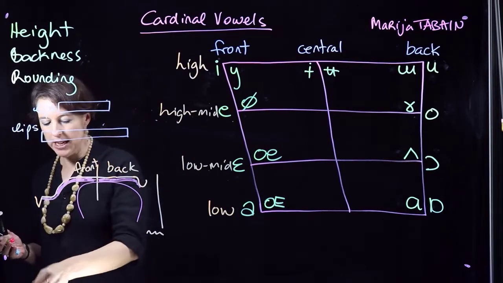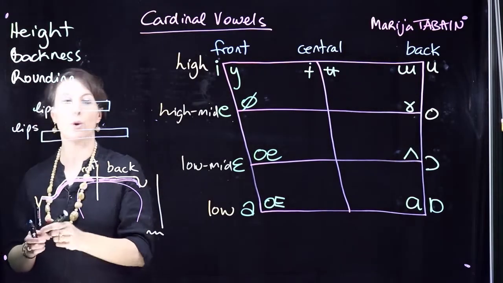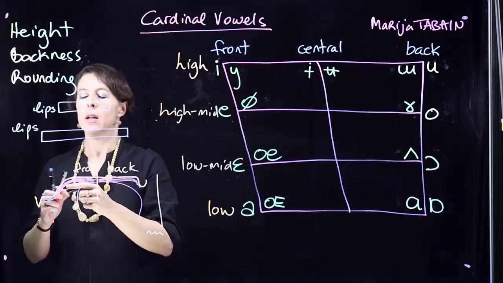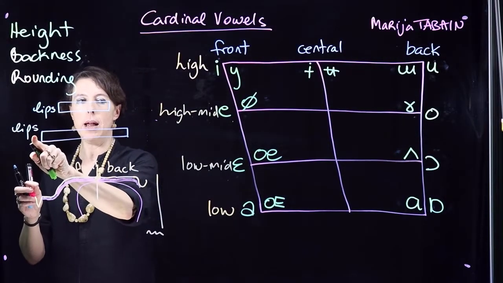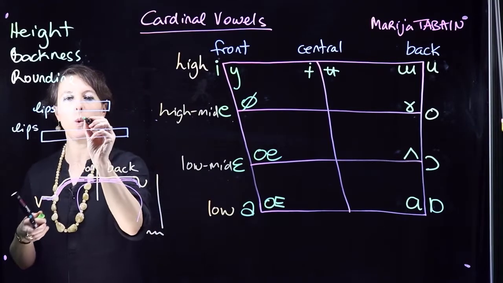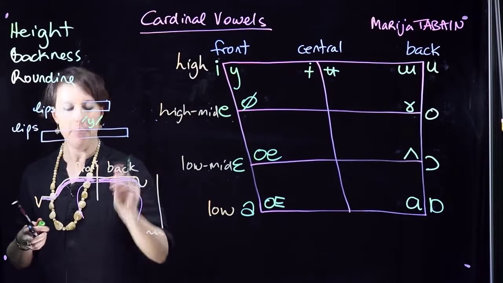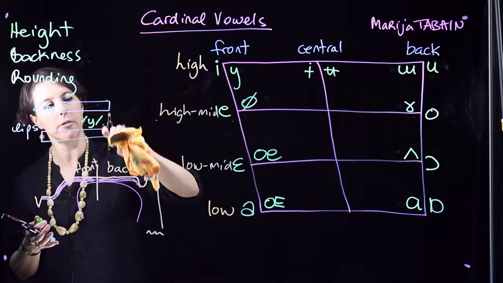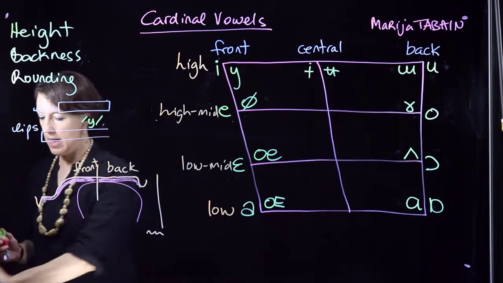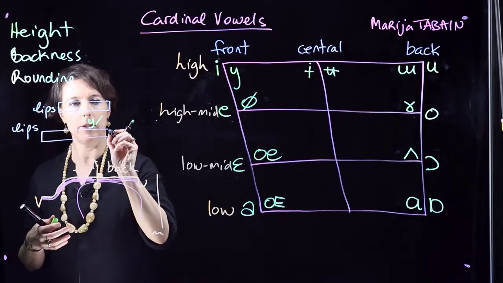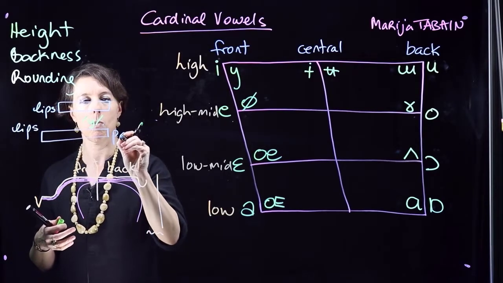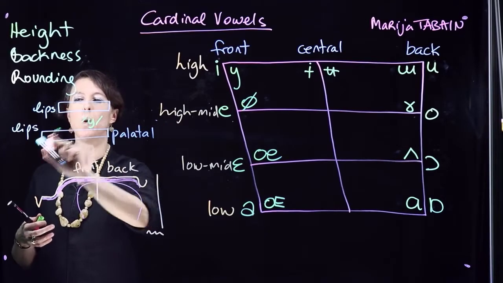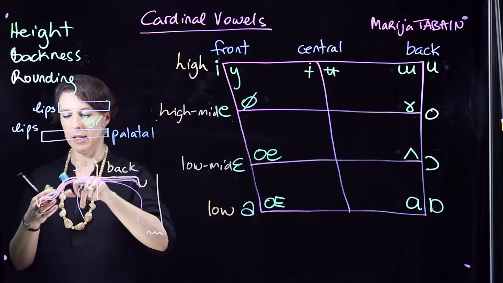If we change this now to the secondary cardinal vowels, let's work with this rounded vowel. Lips are rounded, but suddenly it's palatal. So let's bring this back to palatal. That's our rounded lips, but a palatal articulation.